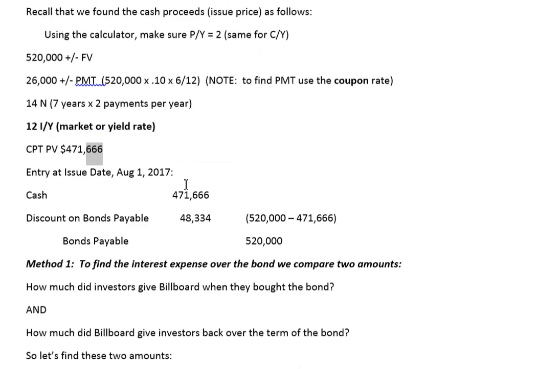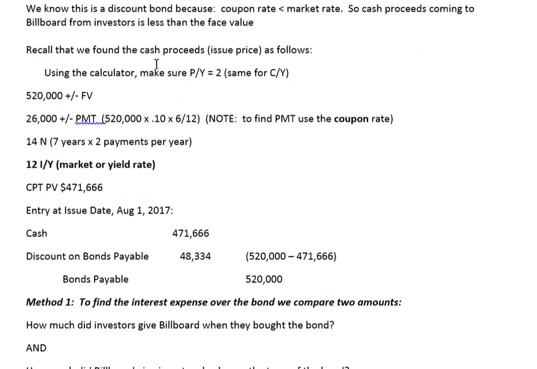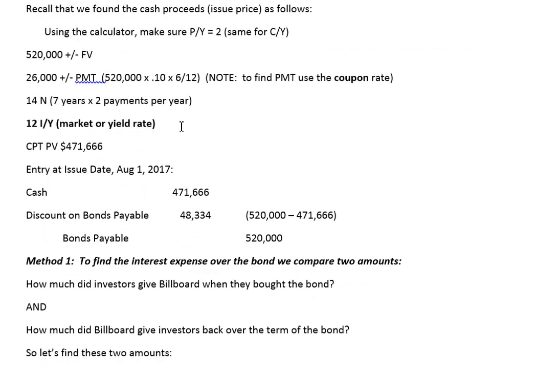471,666. So now at the issue date, which if you go back here is August the 1st, right? We're going to set up the cash that Billboard's getting. So don't forget, we're the accountants for Billboard. We're going to debit it 471,666. And now we're going to debit our discount. Don't forget the discount account we've introduced to you before. It's a contra liability account, so its normal balance is debit.